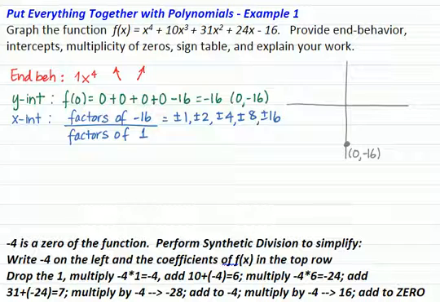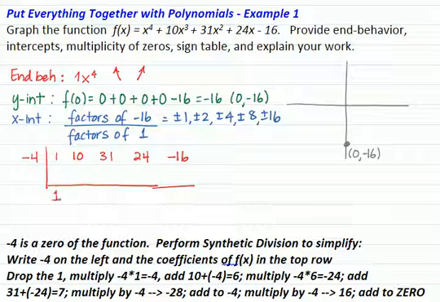Negative 4 is a zero of the function, and I'm going to perform synthetic division. So I'm going to write negative 4, and then I'm going to write the coefficients of f of x: 1, 10, 31, 24, negative 16.